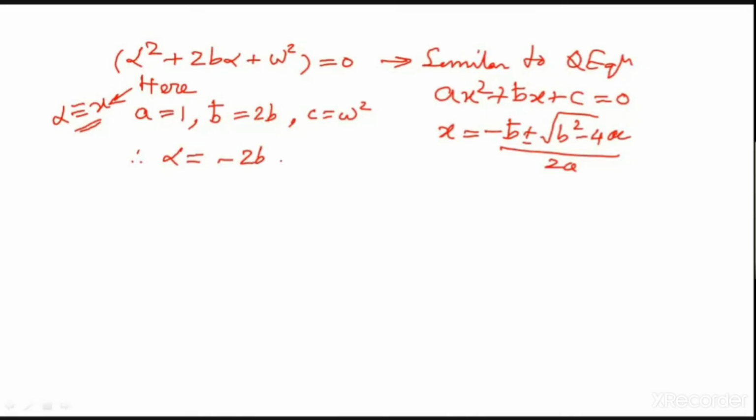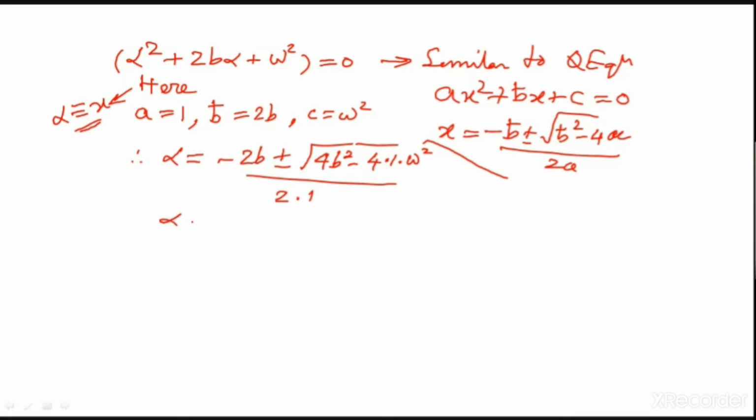Two b plus or minus square root of b square, the b cross square is 4b square here. 4a is 1 into c is omega square, and divided by 2a, 2 into 1.